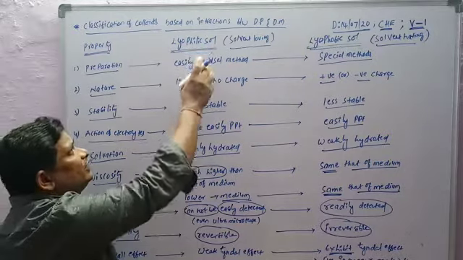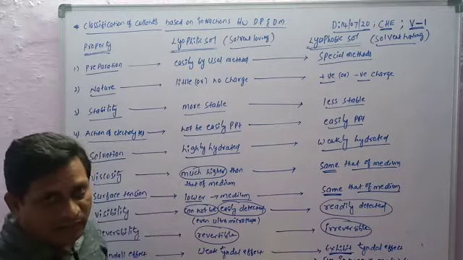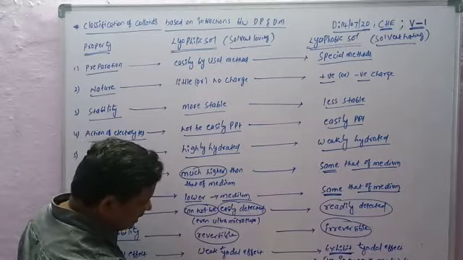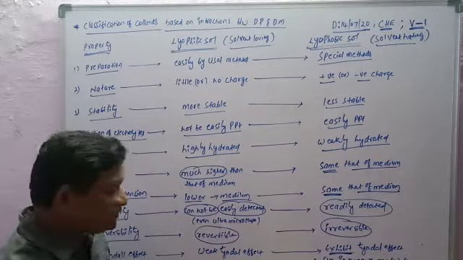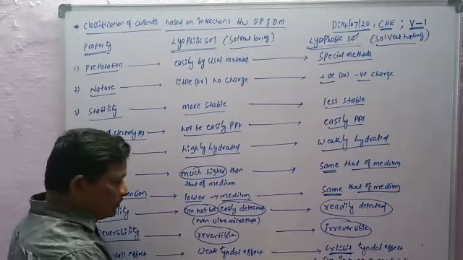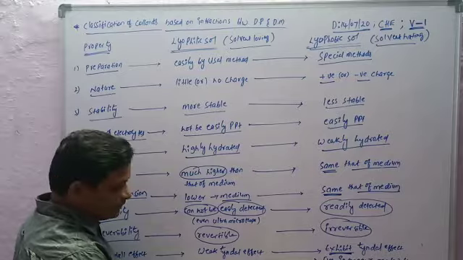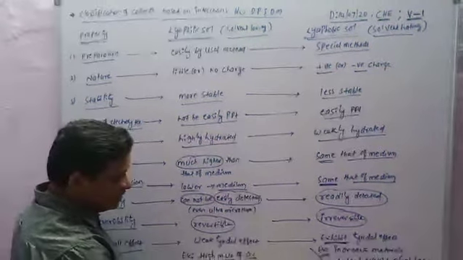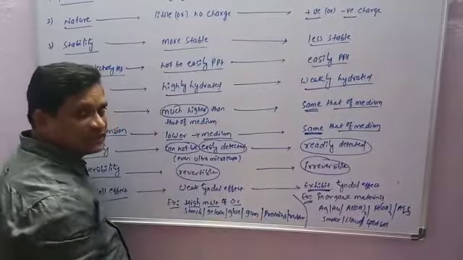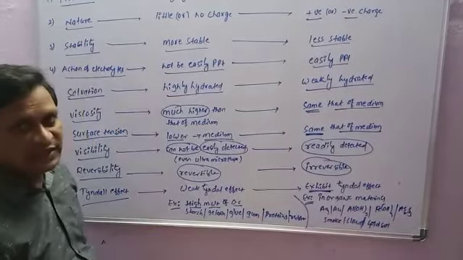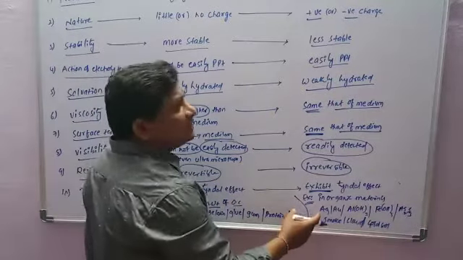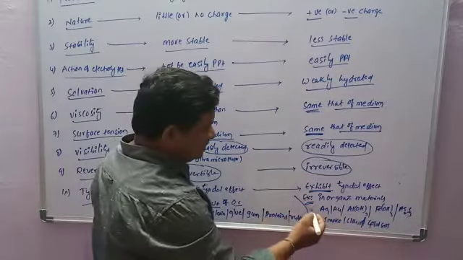Generally, lyophilic sols are prepared from high molecular weight organic compounds. Examples are starch, gelatin, glue, gum, proteins, rubbers. These are all examples of lyophilic sols.